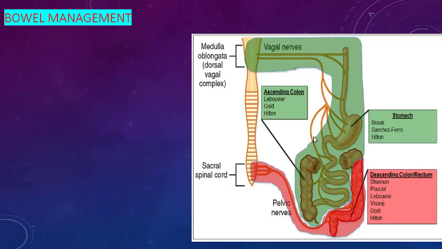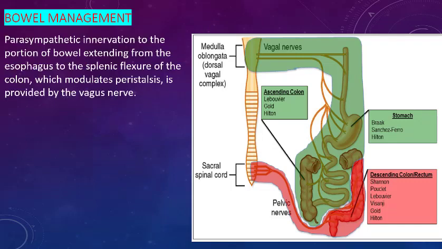Bowel management, or the management of the gastrointestinal tract. Parasympathetic innervation to the portion of the bowel extending from the esophagus to the splenic flexure of the colon, which modulates peristalsis, is provided by the vagus nerve.